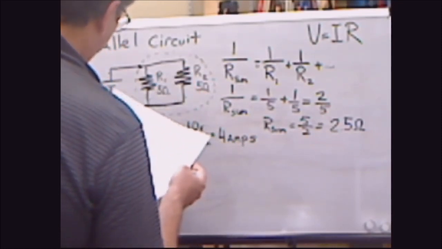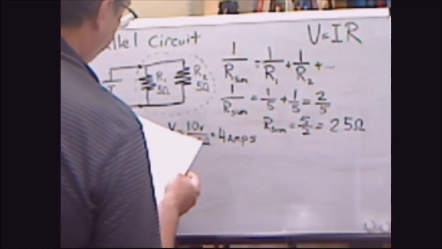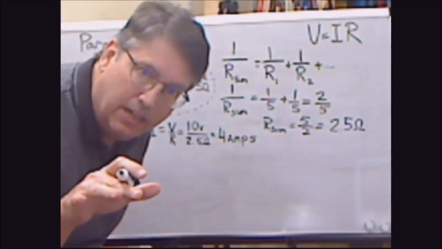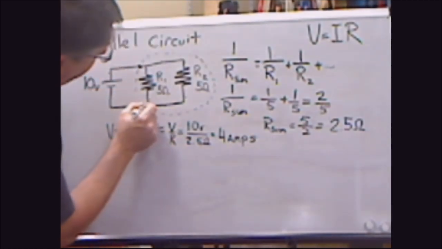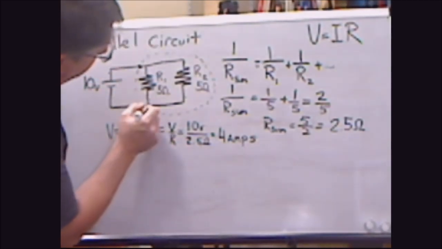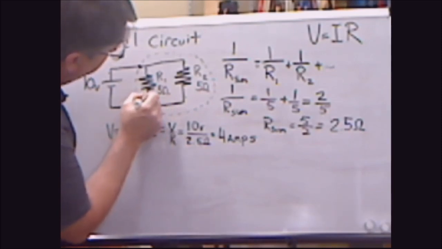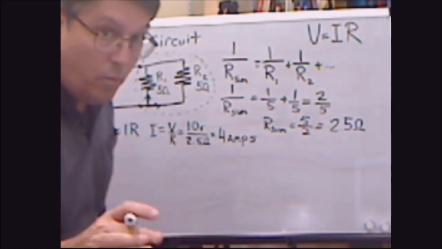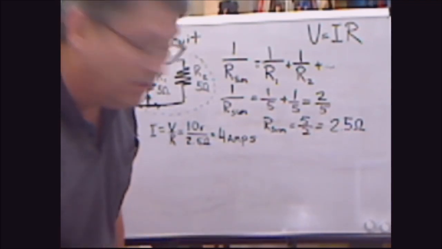So what else do we need to figure out? Because the flow of the electrical power splits right here, some of it goes this way and some of it goes this way. So the voltage is the same, but the current goes down.